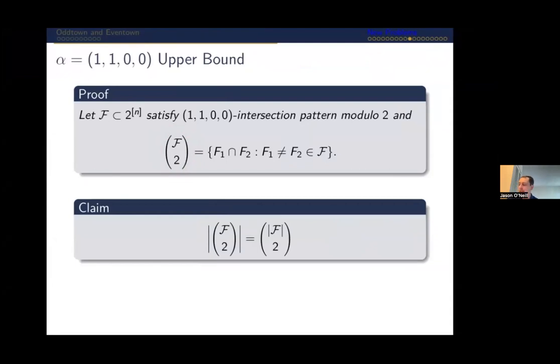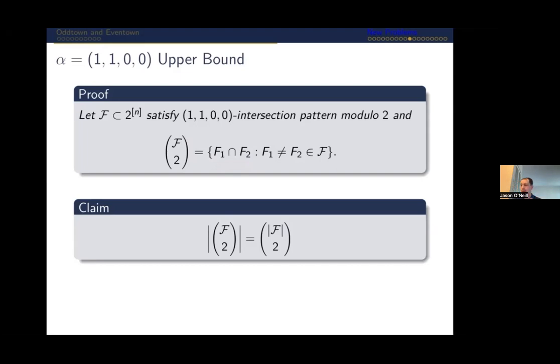Essentially what's going on is, if you look at these conditions, if you had some sort of collision, you'd eventually violate one of the intersection sizes. So it's a bit more detailed to write it down, but it turns out we're going to get a different odd size set each time. And moreover, if I take a pairwise intersection from this new family, it's going to correspond to either a three-wise intersection when you have something like F1 intersect F2 with F1 and F3.